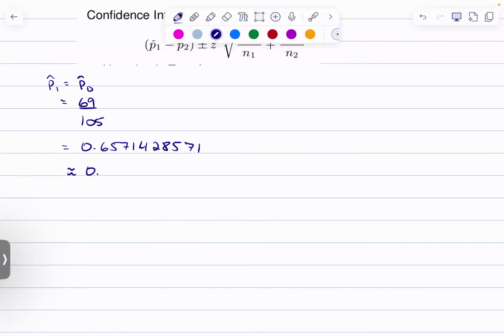But let's round this. Now I'm regretting only using 2 decimal places for the pooled proportion. Okay, I'm gonna capture a little bit more. Go to 3 decimal places.